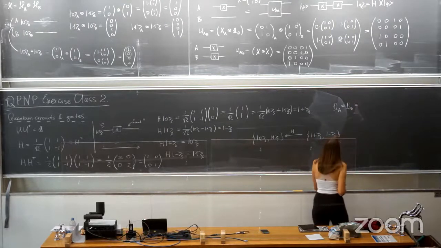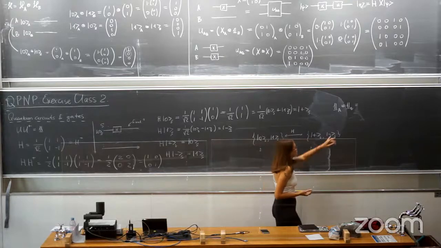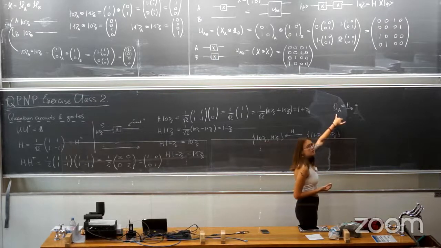there are several arguments you can make. First you can just write them out as a sum over the diagonal elements only. Here you only have diagonal elements, here you only have diagonal elements, which are all ones.